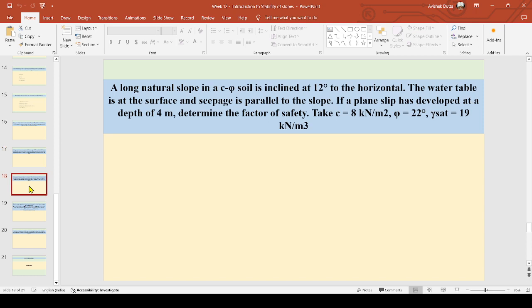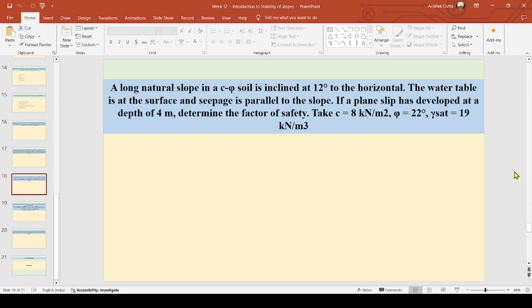A long natural slope in a c-phi soil is inclined at 12 degree to the horizontal. The water table is at the surface and seepage is parallel to the slope. If a plane slip has developed at a depth of 4 meter, determine the factor of safety.